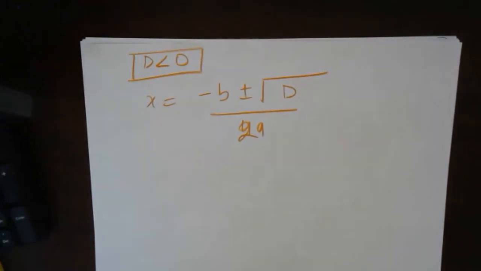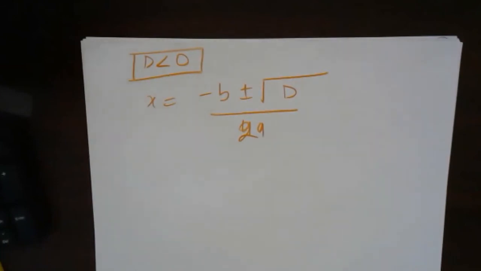Can anybody point out what mistake we made in the derivation? Why are we getting d less than 0?